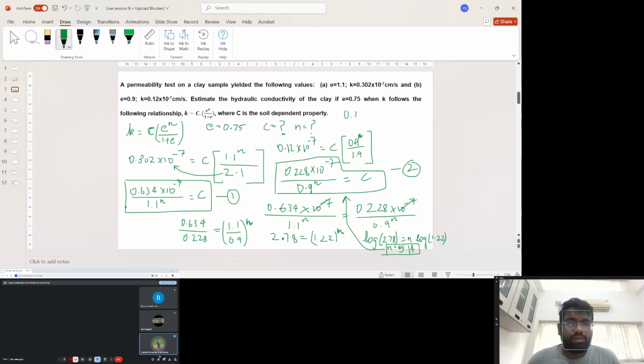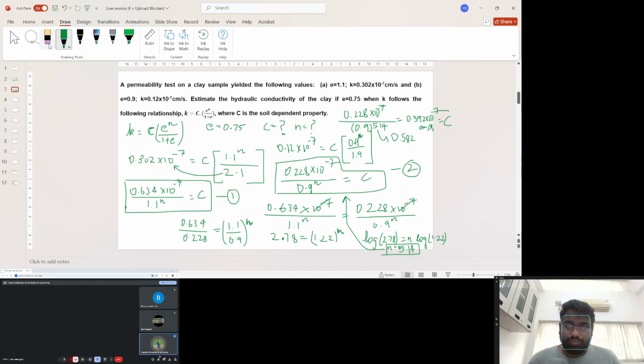So that will give us 0.228 into 10 power minus 7 divided by 0.9 into 5.14 equals 0.9 power 5.14, which gives us this value corresponding to 0.582. 0.228 divided by 0.582 amounts to 0.392 into 10 power minus 7 centimeter per second. So this is the value of C.